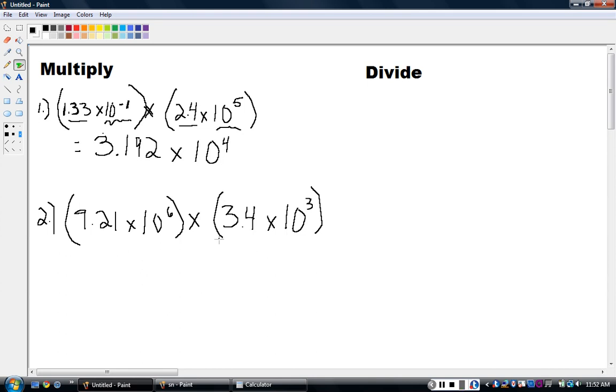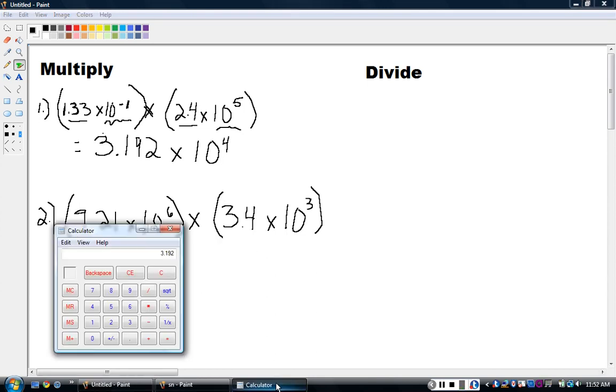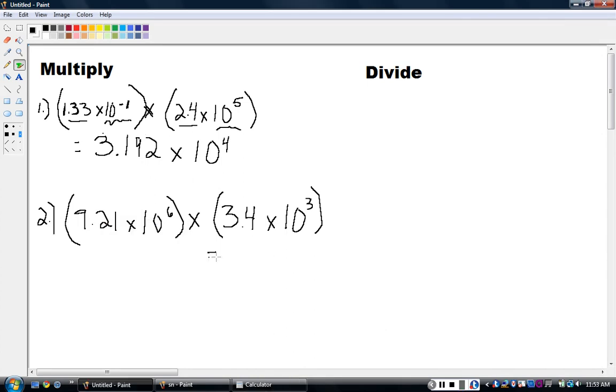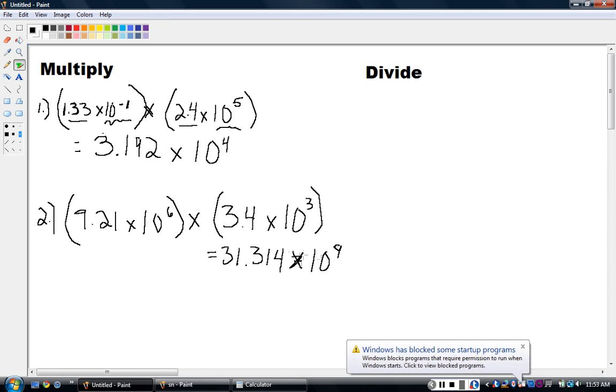Okay, calculator, 9.21 times 3.4, 31.314. And then I use my properties for exponents and I add the exponents. That's 10 to the 9th. Whoops, that should be a times. Okay, so 31.314 times 10 to the 9th.